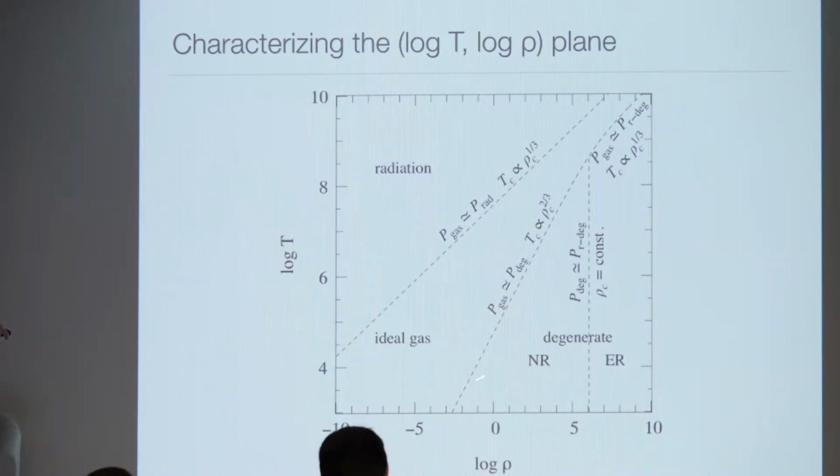As the density goes higher, at some point the degenerate pressure should play a role. Here there's a region where non-relativistic degenerate pressure will be dominating. Then from some constant density, which is 10 to the 6 gram per cc, the relativistic electron gas pressure should be dominating in this region.